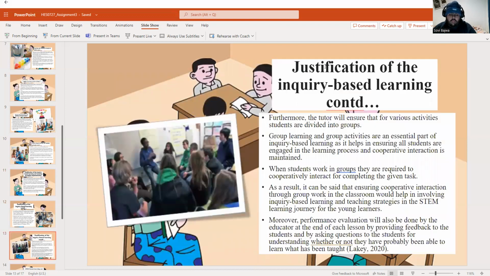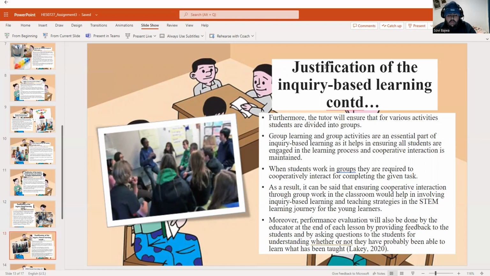Furthermore, the tutors should ensure that for various activities, students are divided into groups. Group learning and group activities are an essential part of inquiry-based learning, as it helps in ensuring all students are engaged in the learning process, and cooperative interaction is maintained.